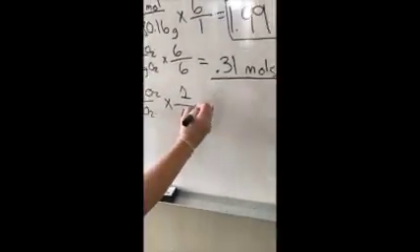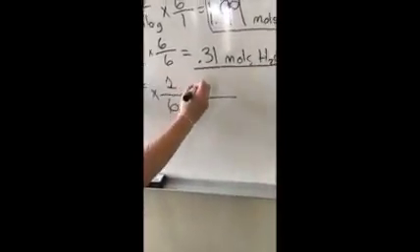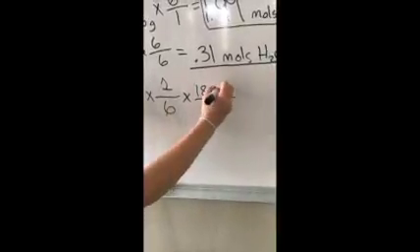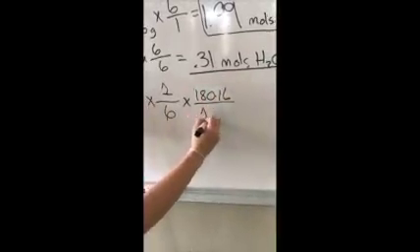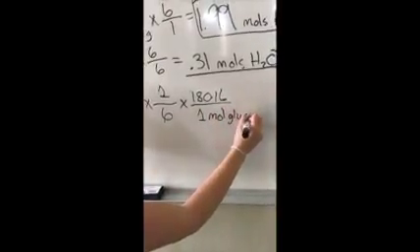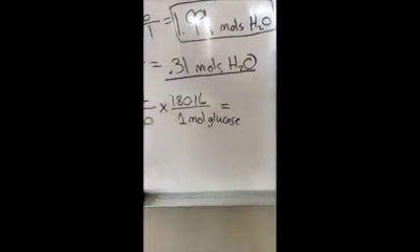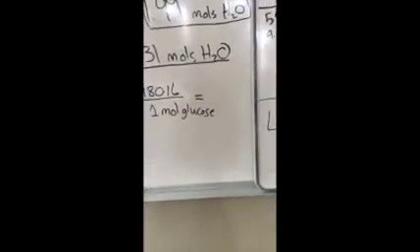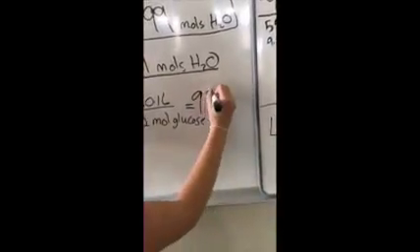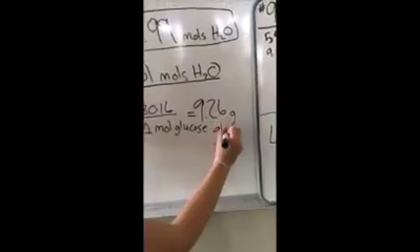And then we times that by the molar mass of glucose, which is 180.16 per 1 mole of glucose. After solving this out, the number we get is 9.26 grams of glucose.